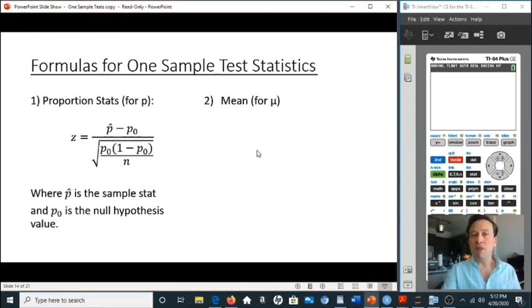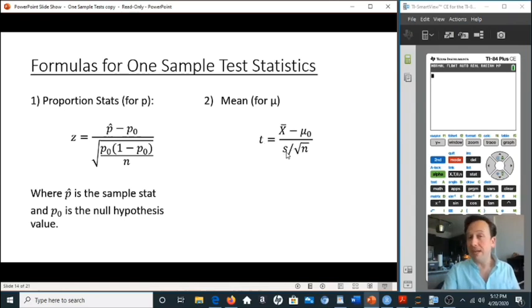If the problem involves a mean, or mu, then the statistic becomes a t-statistic, because with means we normally have to know the standard deviation to compute the statistic. And most of the time, we don't know sigma, but we will know s, which is your sample standard deviation. And remember that if you don't know sigma, then you have to use s as your estimate, and therefore you would follow a t-distribution.